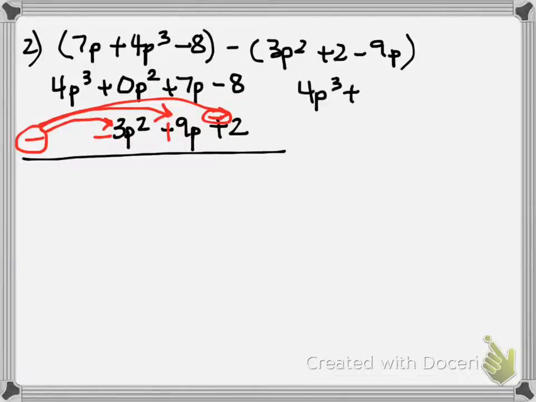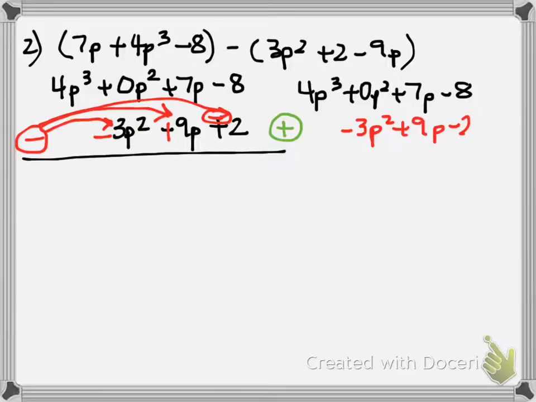4p cubed plus 0p squared plus 7p minus 8. And now it's become an adding problem because I've changed the individual signs of the second polynomial. So I have a negative 3p squared, a positive 9p, and a negative 2. And then I go ahead and add.